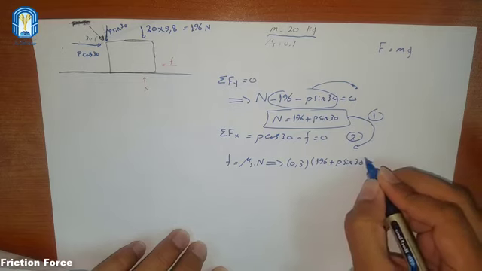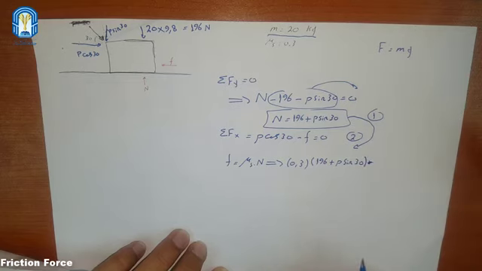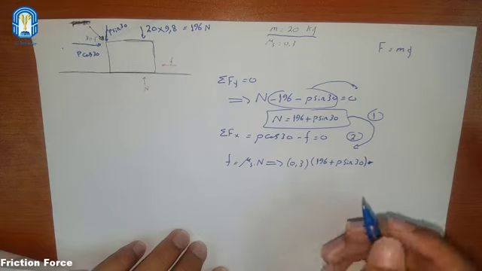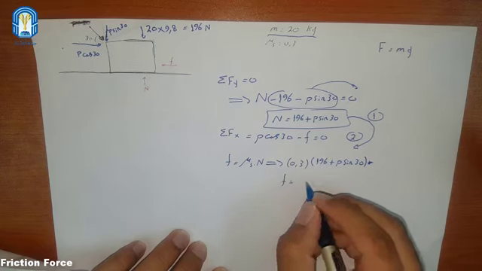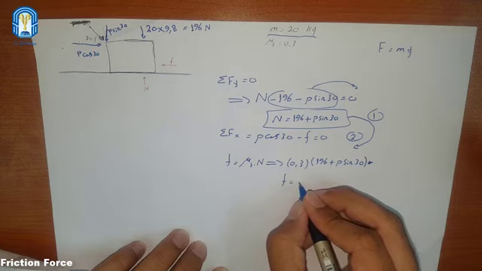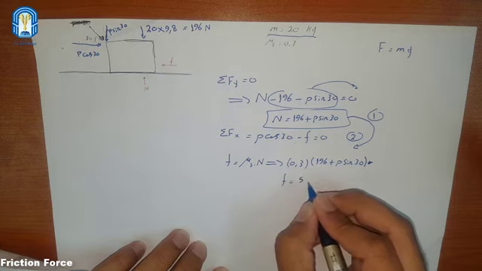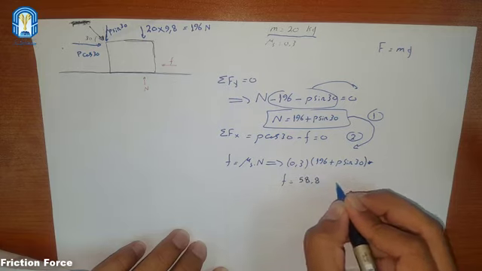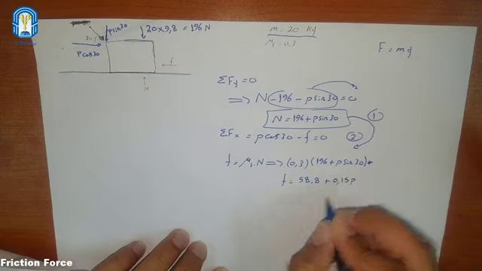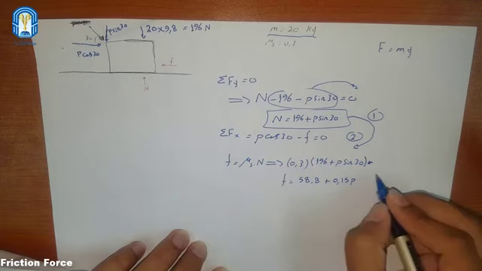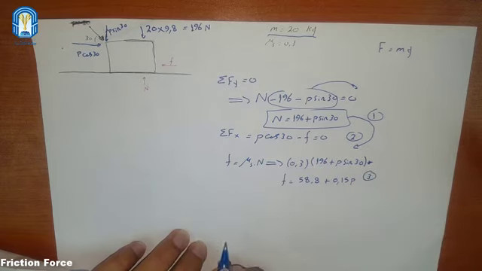After we multiply it, it will give us 58.8 plus 0.15 P. That's equation number 3.